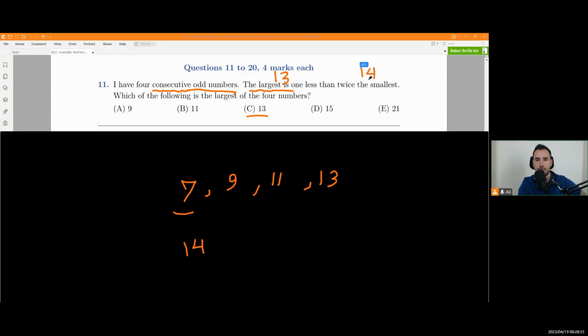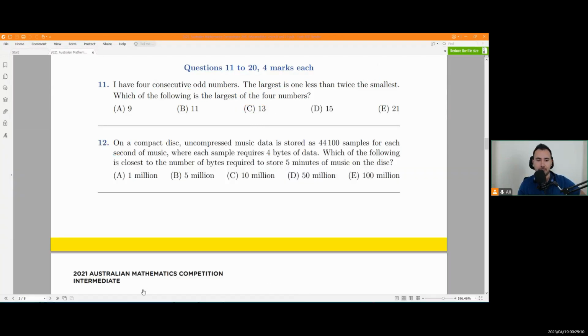And 14 is twice the smallest number. So we were lucky. With the first guess, I went with the middle so that I could decide if the answer would be larger or smaller. So we got lucky. The first guess is the answer.